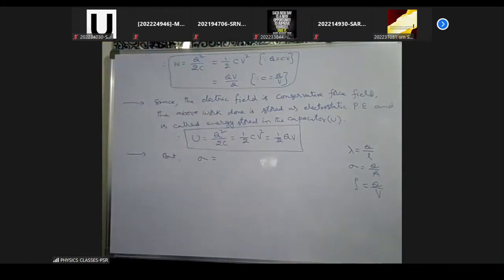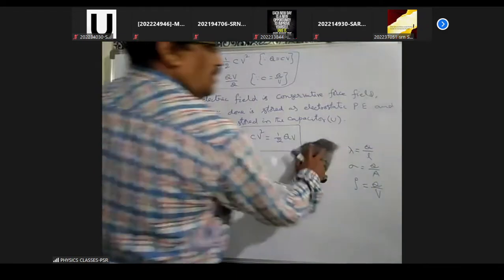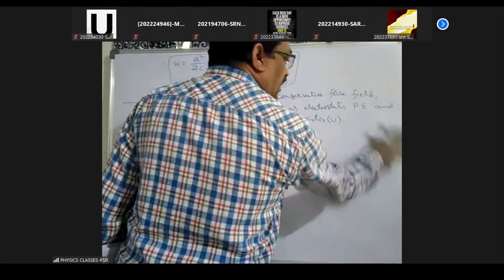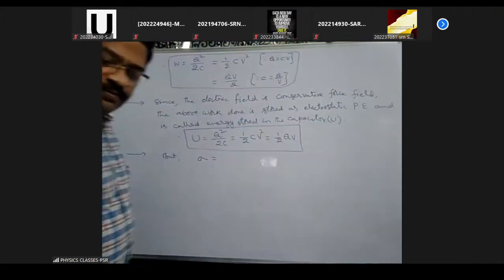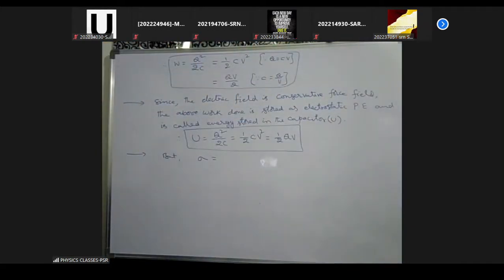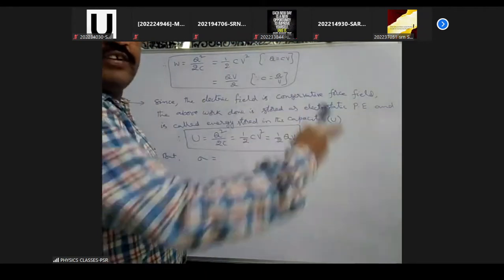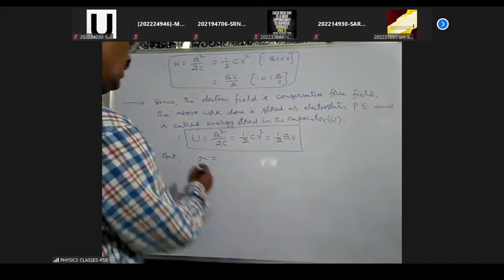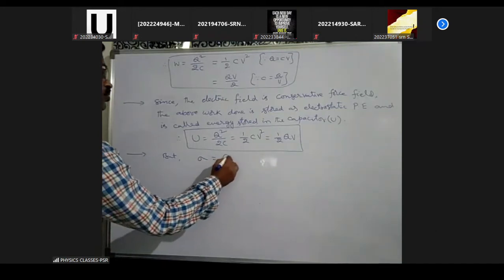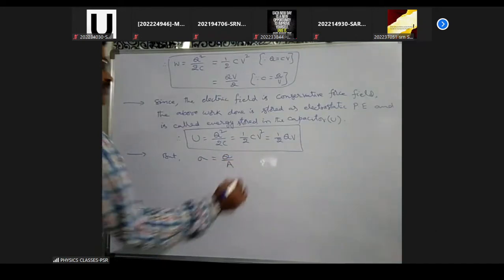Here in the parallel plate capacitor, the plates are made of conducting materials, so the charge given to the plates remains on the surface, that means per unit area. So here sigma is equal to charge per unit area of the plate.